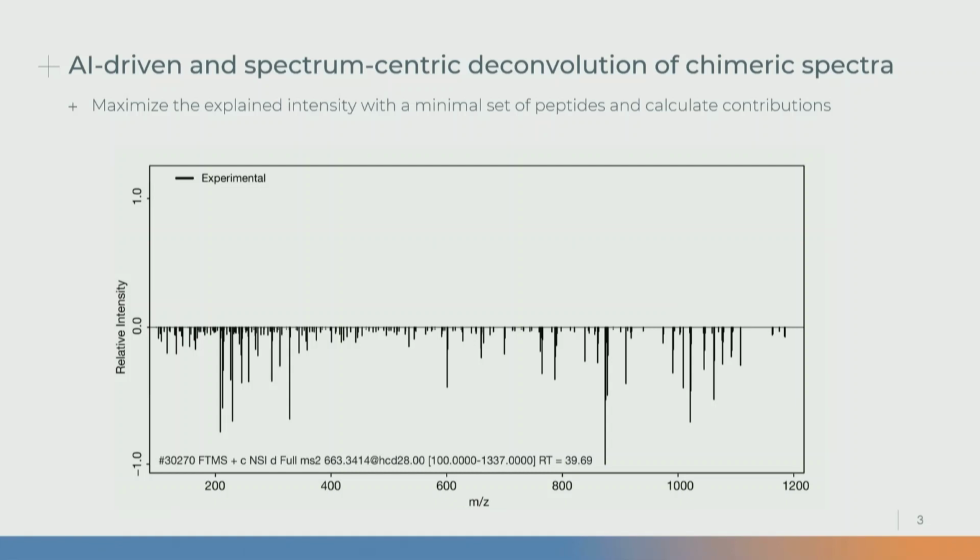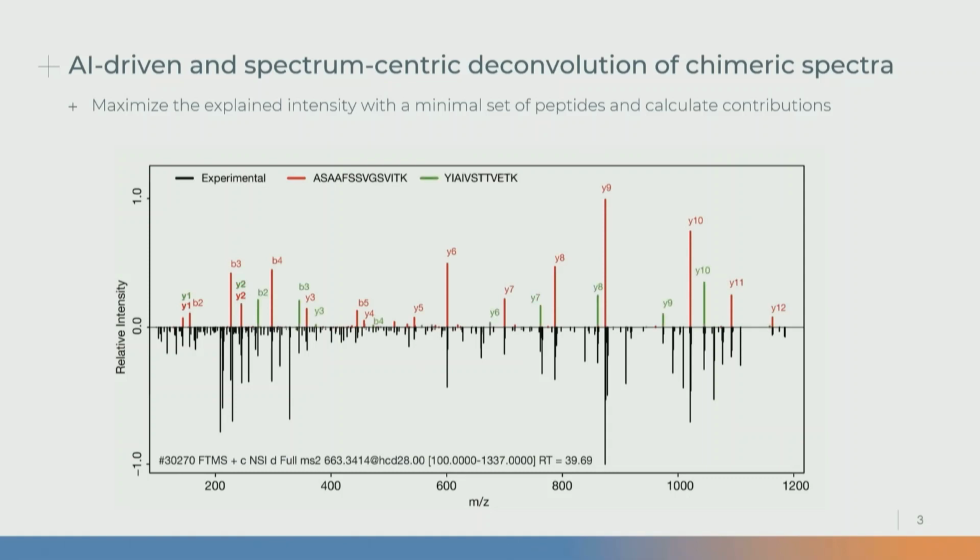The experimental spectrum stays as it is. And these peptide candidates basically compete, and we then extract the contribution of each single peptide to the experimental total ion chromatogram. And if we do that for this particular spectrum here, for example, then we can identify not only 1, not only 2, but 3 and even 4 peptides in this particular experimental spectrum.